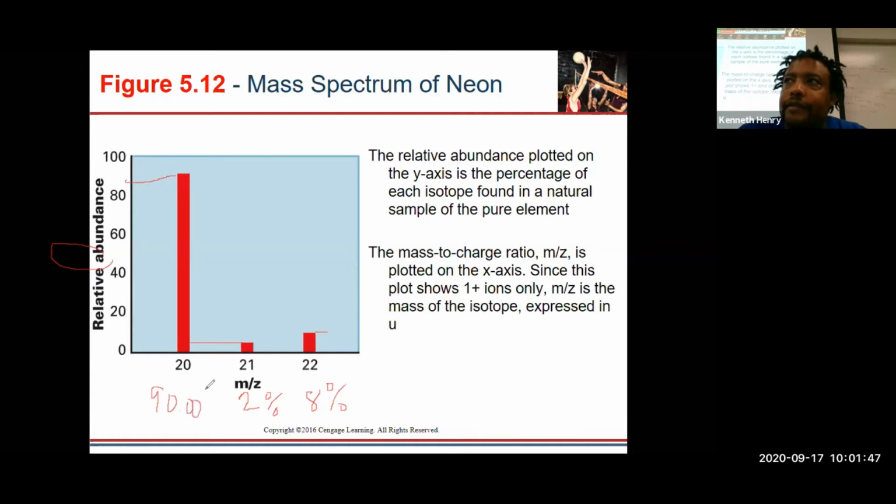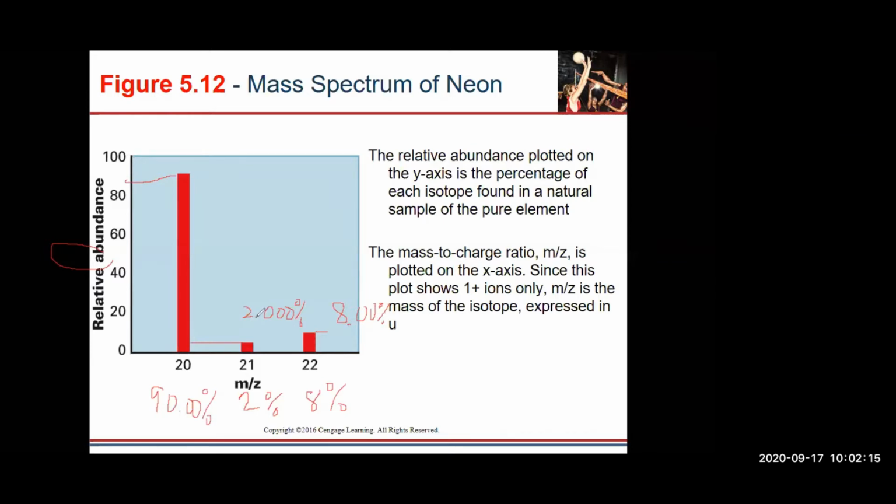This is 90.00%. This guy's going to be 2.000%. And then this guy's going to be 8.00%. Okay? How come the 2 has 3 zeros and the 8 has 2 zeros?